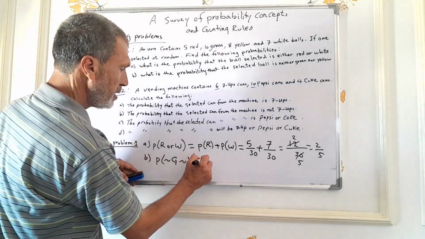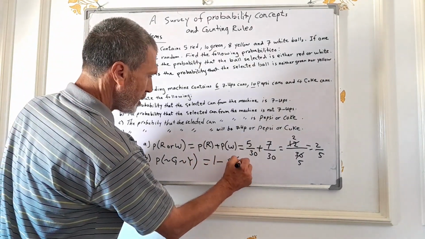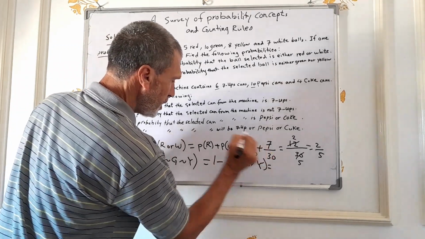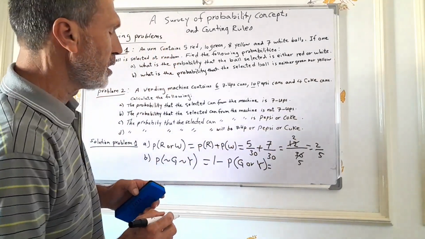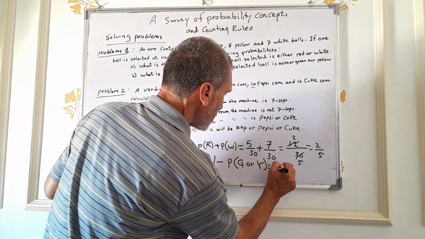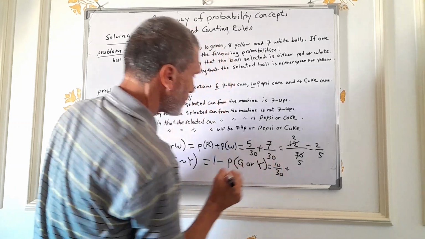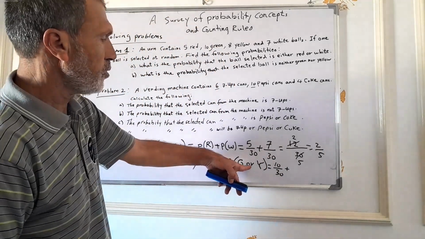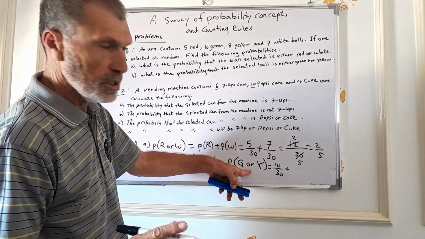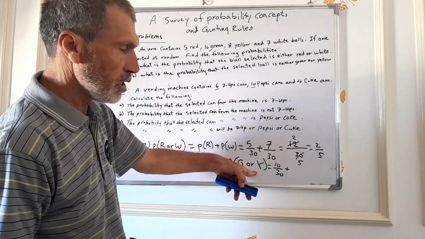It's equal to 1 minus probability of green or yellow, and this is the special rule of addition, so probability of green or yellow is equal to probability of green plus probability of yellow.